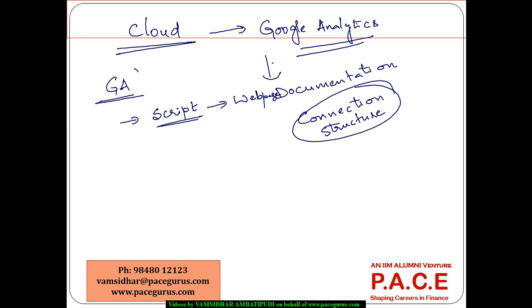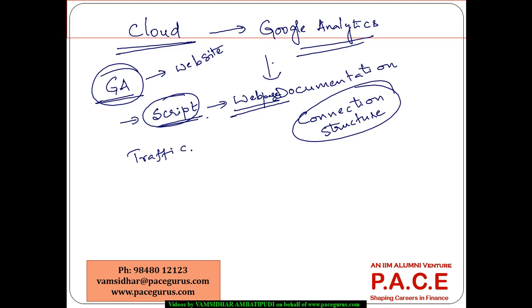When you register with Google Analytics for your website, it gives a small piece of code, a script, and that script needs to be put in your web page so that Google Analytics will track different things regarding your website. So it records different kinds of traffic that come to your website, what kind of web pages are visited, what kind of profiles of people are visiting, etc.